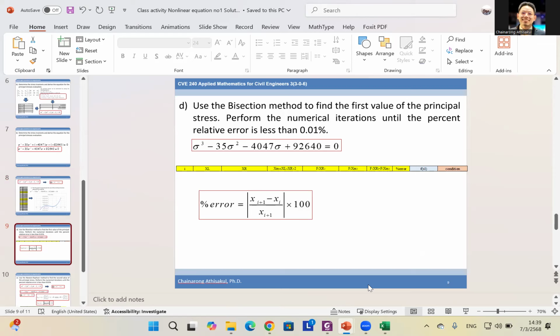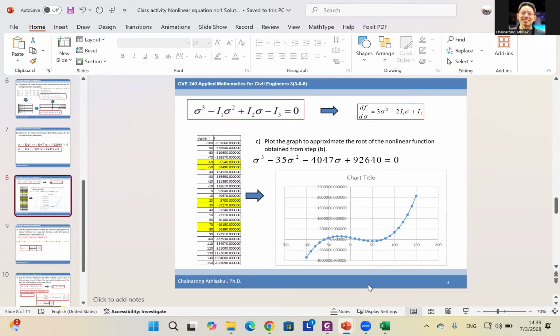Back to the graph. If we would like to predict the first principal stress, that is the maximum value, we will use the bracketing method, the bisection method.